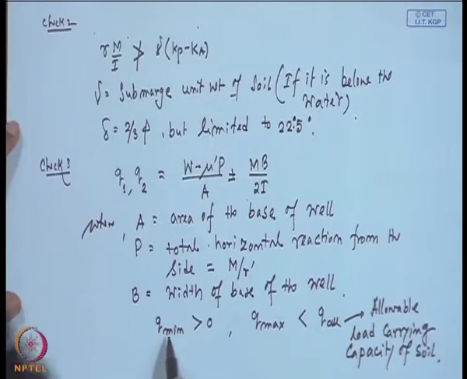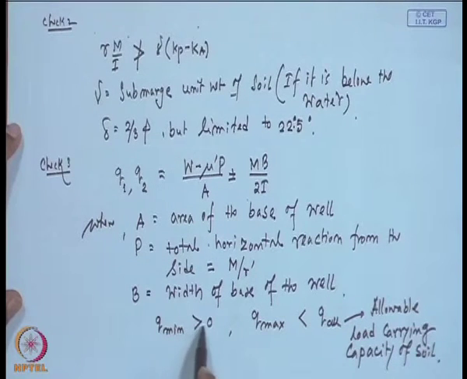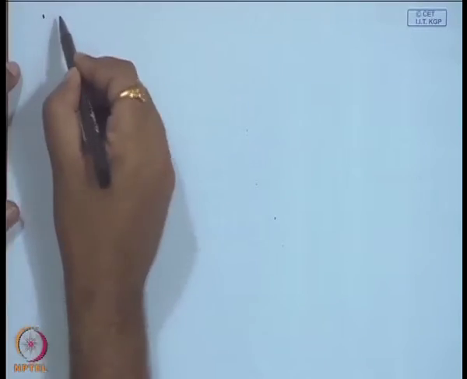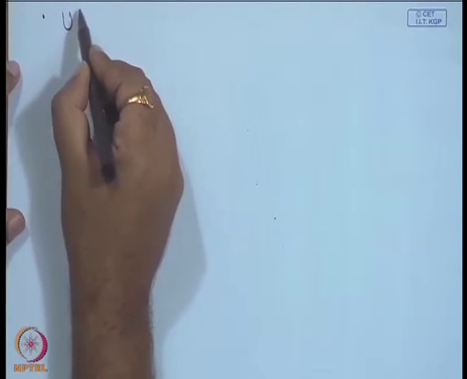That means the minimum stress should be greater than 0 and the maximum one should be less than the allowable load carrying capacity of the soil. So, next check that we have to do is for the ultimate resistance method, and the first one was the elastic method.